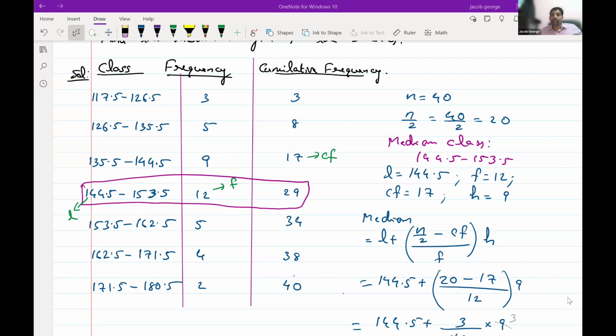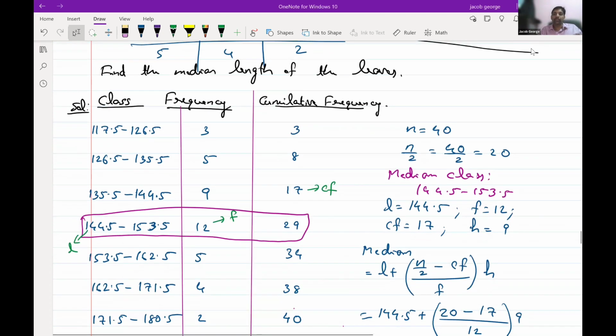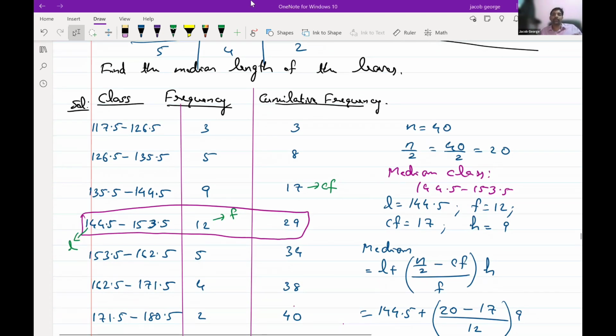Then lower limit of the median class is L. L is 144.5. Frequency of the median class is F. F is 12. Cumulative frequency preceding the median class is CF. H is the class size. H is not from the given question. Instead, after converting it into continuous only, you have to calculate H. Even MCQ can be asked based on this.